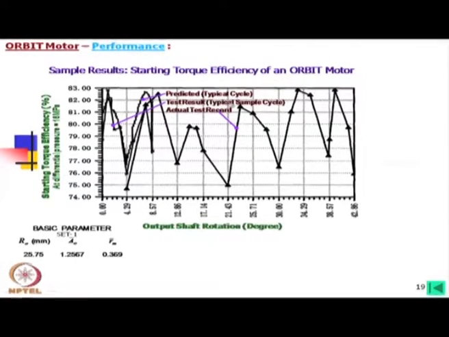So, this is a typical test sample and the actual test record is this one. Obviously, the theoretical curve will not match exactly, but it gives more or less a similar trend, and we can fairly accurately estimate what the torque etc. of such machines will be.